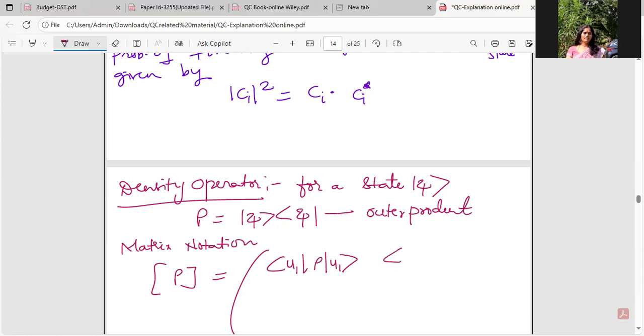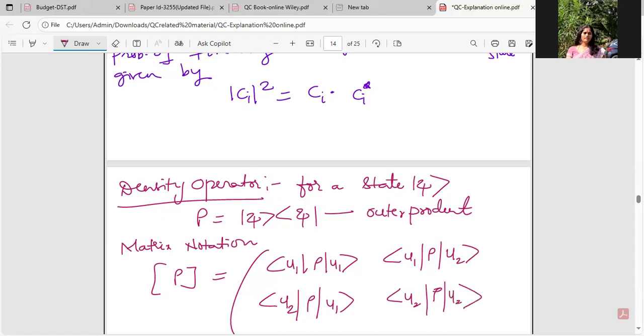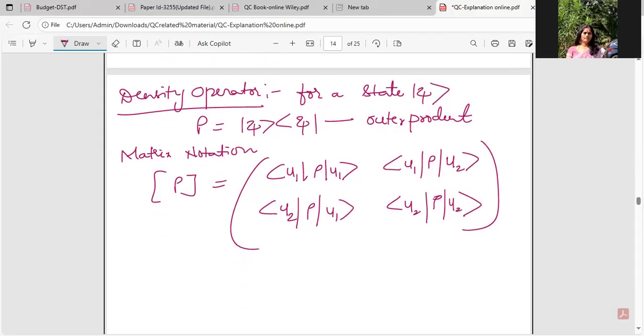I have defined it in terms of the ui's now: u2 rho u1, u2 rho u2. This is how I will write it.